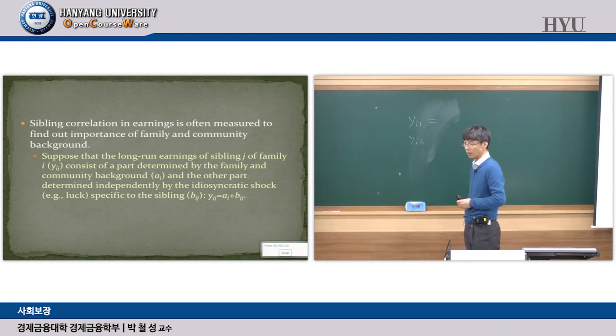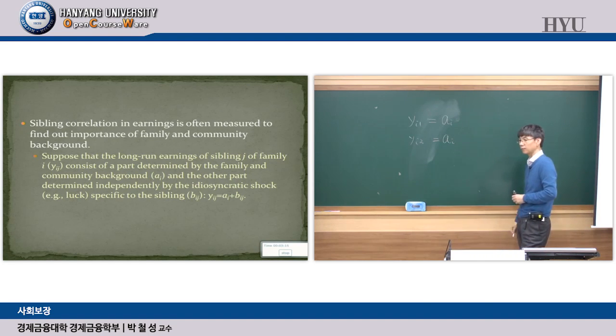Okay, and then we can write this person's income as consisting of two factors. One is the factor that is shared by the family, Ai. The first and second brother have the same Ai. It can be genetic, it can be family education, or it can be community background, because they live in the same community, the same home.